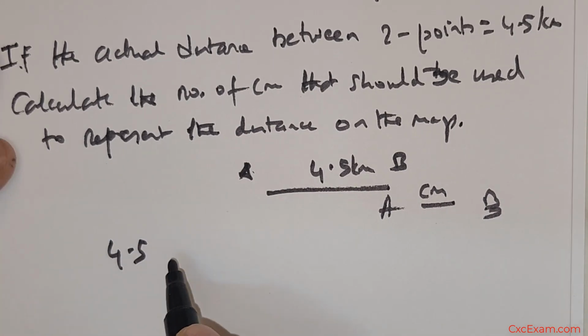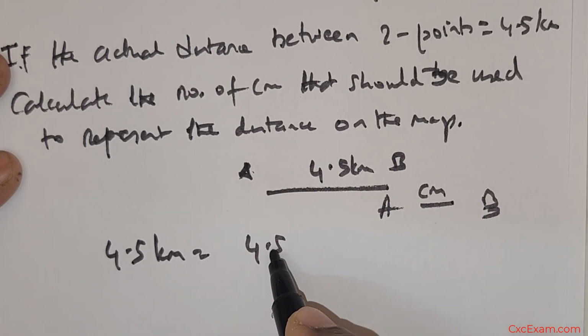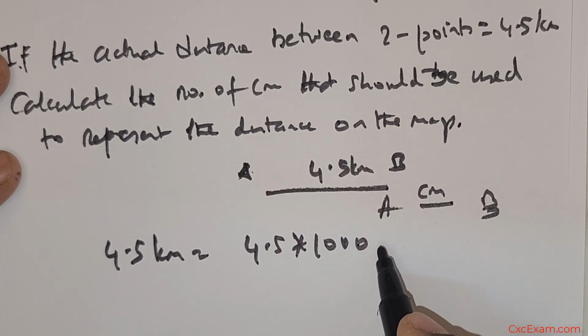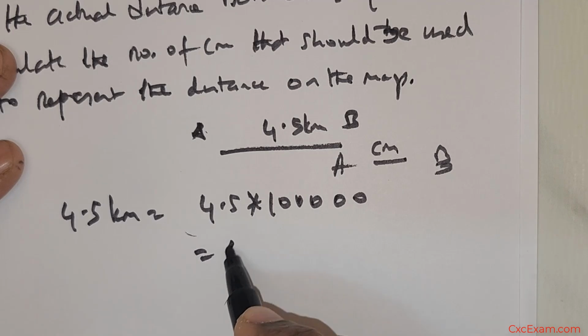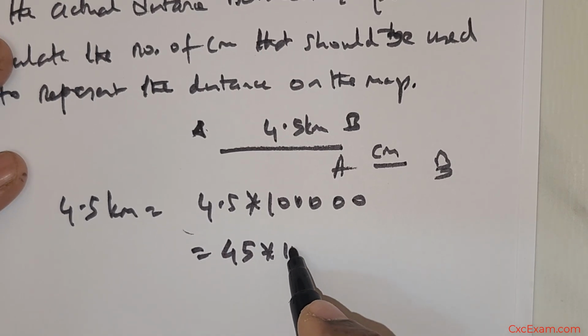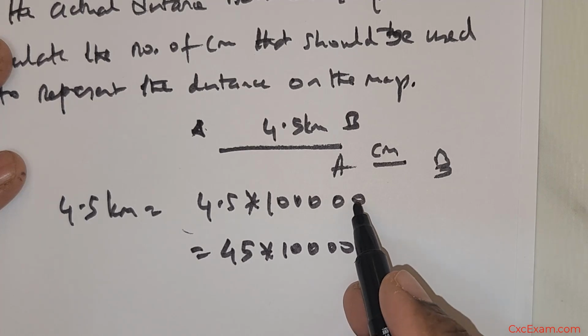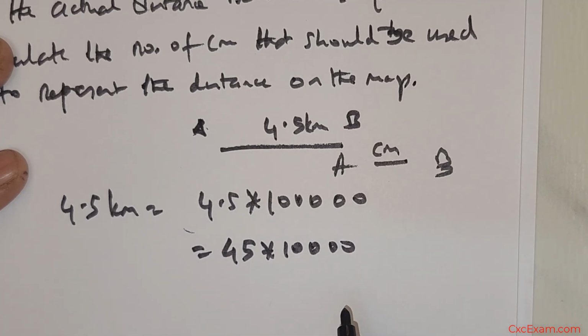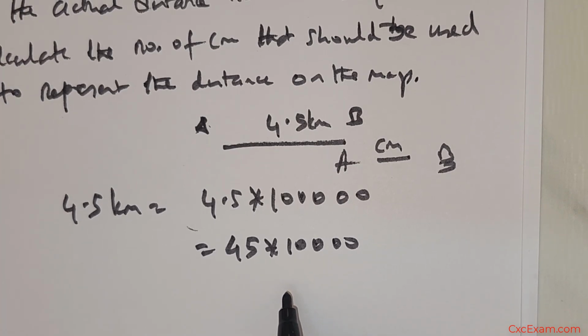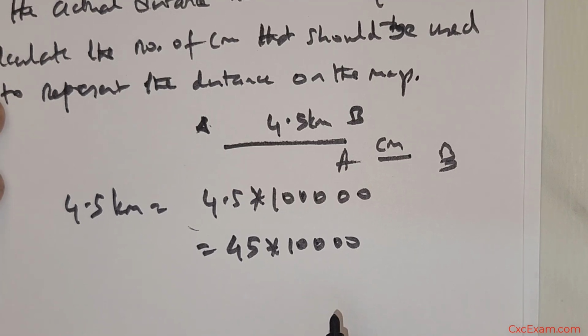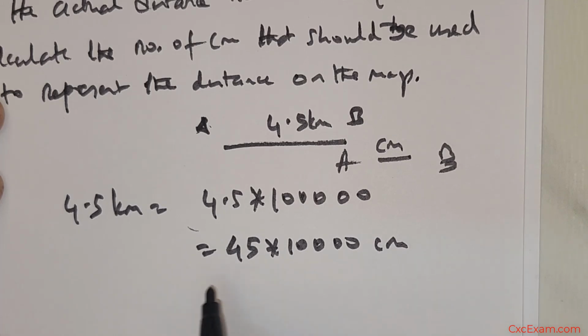Now 4.5 km can be converted to cm by multiplying 4.5 with 1 followed by 5 zeros, which can be rewritten as 4.5 multiplied with 1 followed by 4 zeros, because the decimal point swallows up 1 zero. So this is so many cm.